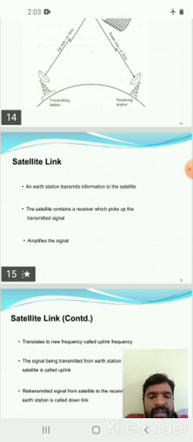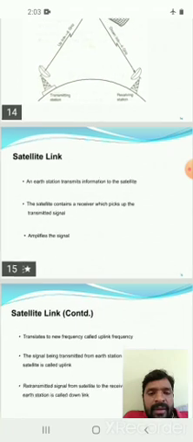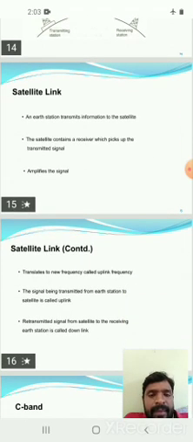So here the satellite receives the signal from the transmitting antenna, and the received signals are amplified or processed, and then transmitted on a new frequency.